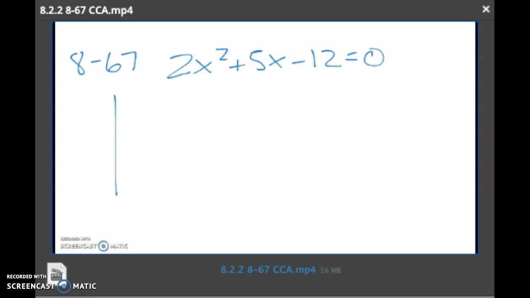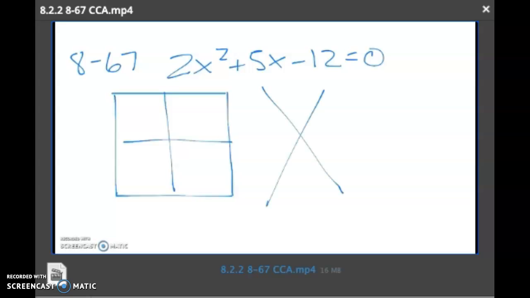So I'm going to go ahead and draw my generic rectangle and my diamond. All right, I have my 2x squared and my 12, multiply those together to get the top of my diamond.